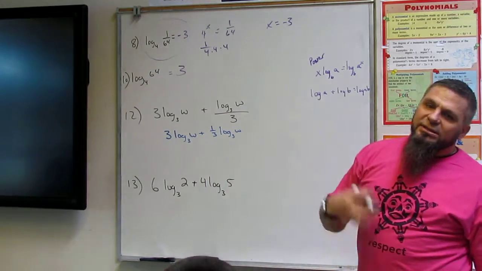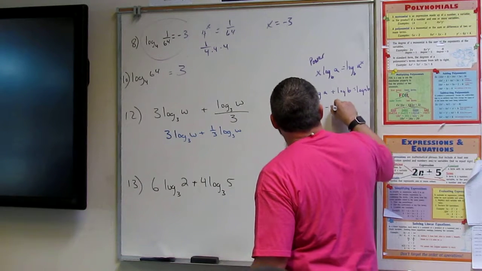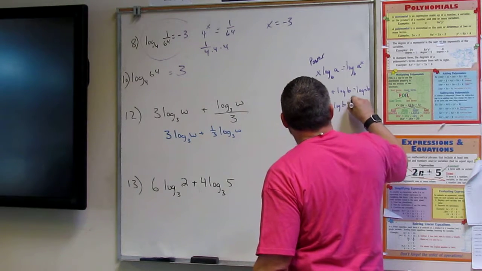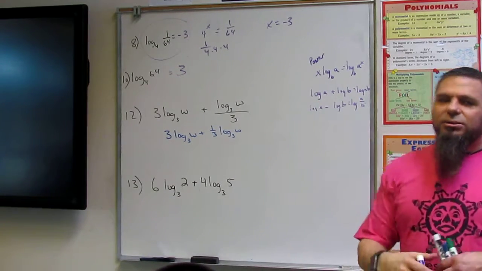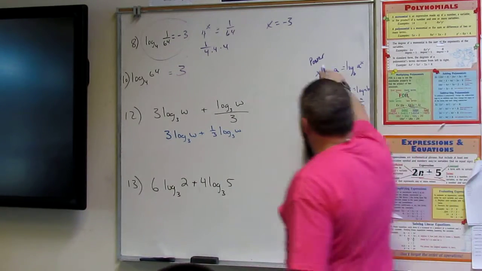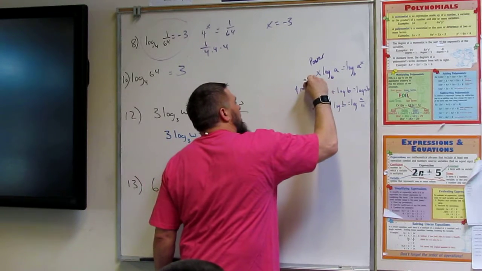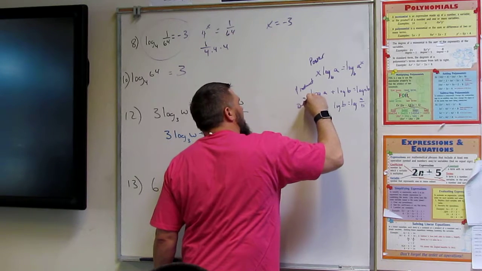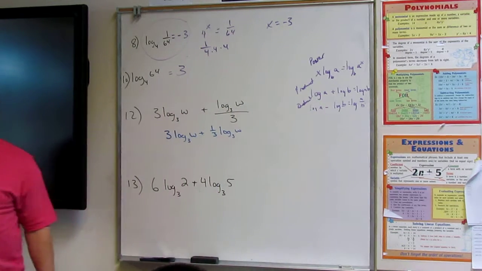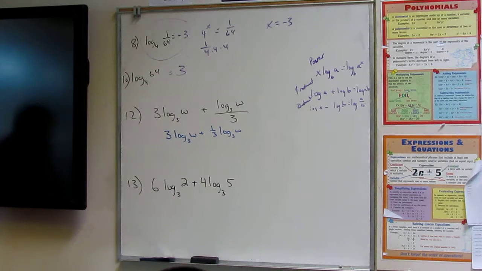Okay? They times. If I have log of a minus log of b, then that equals log of a divided by b. They divide. So those are our rules. Power, product, quotient. Okay? But those are our rules. Quick, easy. We should have those in our notes already. Okay?